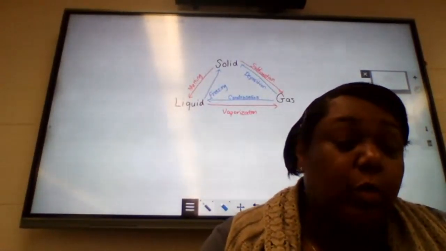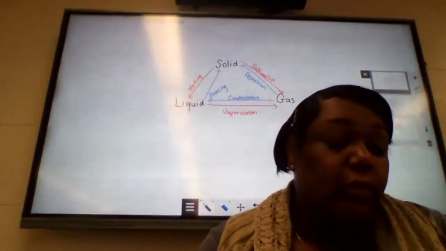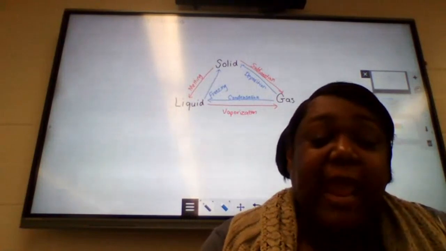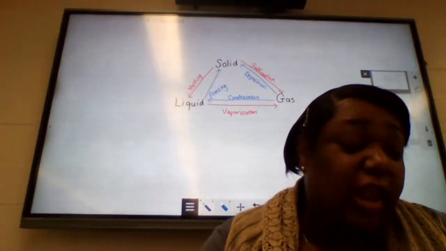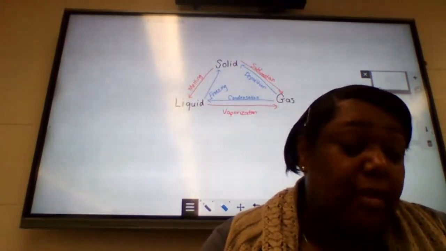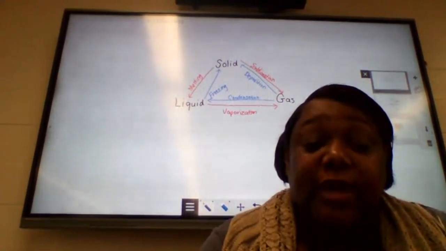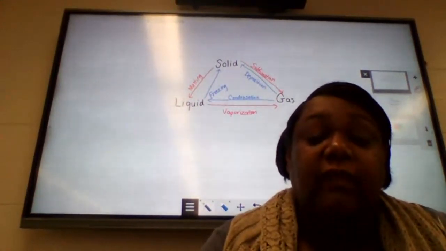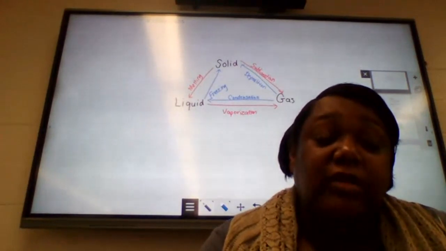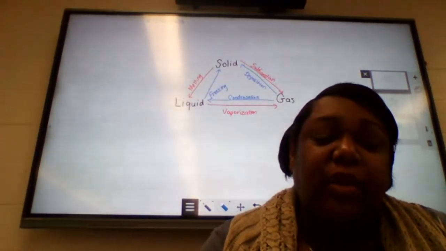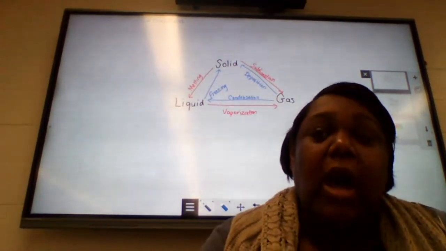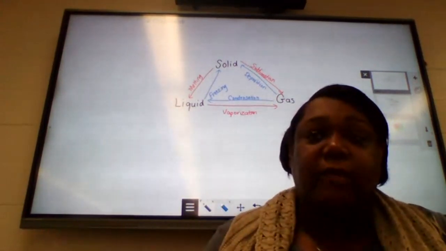Your book also refers to terms like your melting point, which it defines as the temperature at which a pure substance melts, and your freezing point, the temperature at which a pure substance freezes. What you need to understand is that melting point and freezing point are the same temperature, because those processes go in reverse.